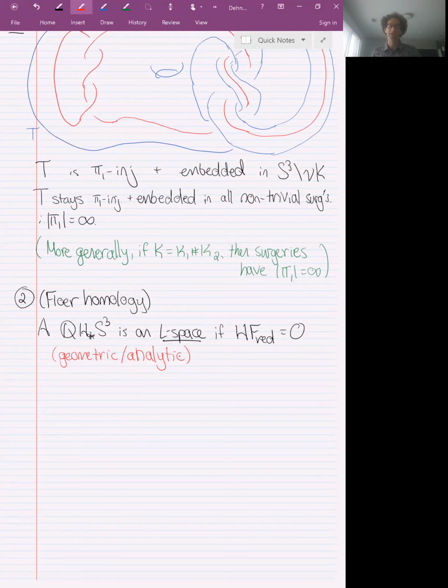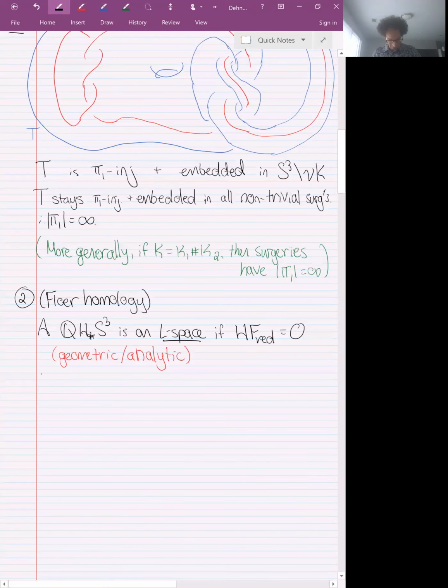Or you can think of it as counting holomorphic disks inside a symmetric product of a Riemann surface. It doesn't matter to us how those are actually defined, but the point is they come from some sort of analytic data, solving some kinds of PDEs. And that allows us to use some geometric or holomorphic structure to say something about 3-manifolds.